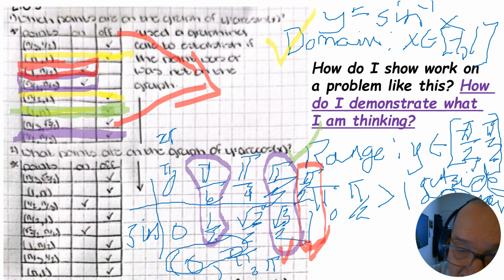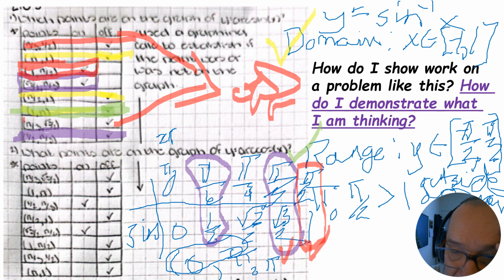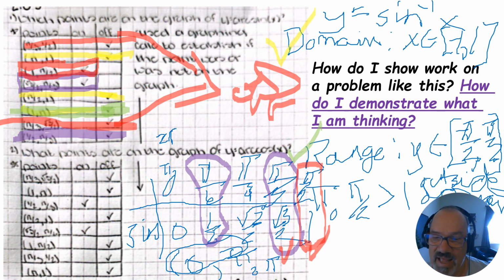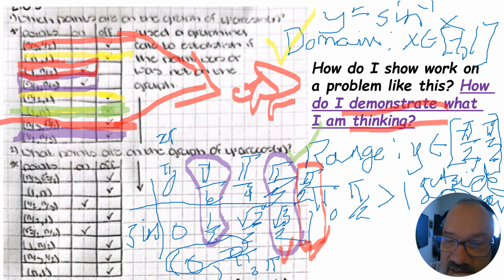So that's the main reason that those are off. And now we've figured that one out and that one out. And you have to write an explanation for each and every one of those. And that's how you do this problem. You're demonstrating thinking, not just getting correct answers.